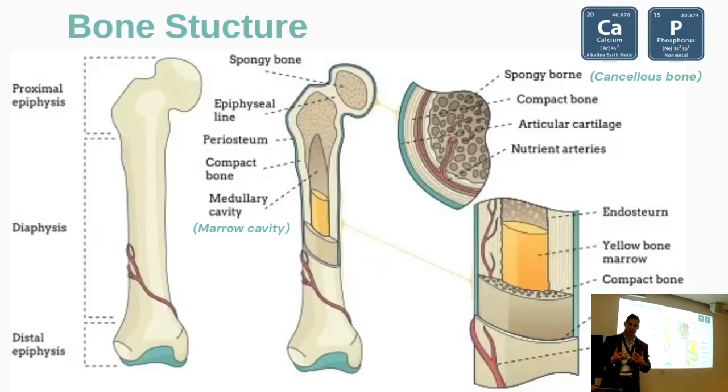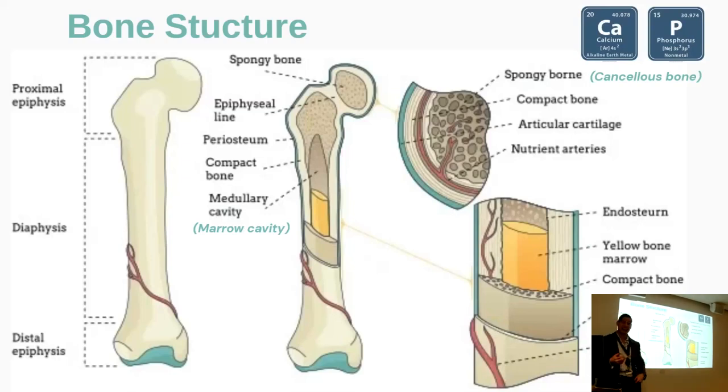When you look at that spongy cancellous bone, you can see it's got a honeycomb style structure, and that gives it strength while also reducing its weight at the same time.